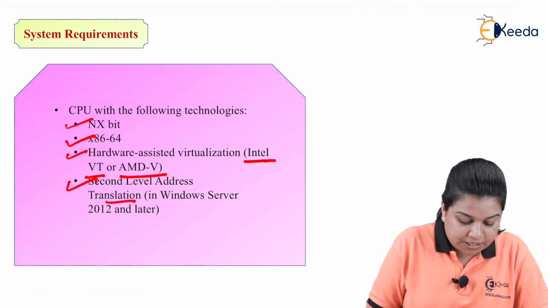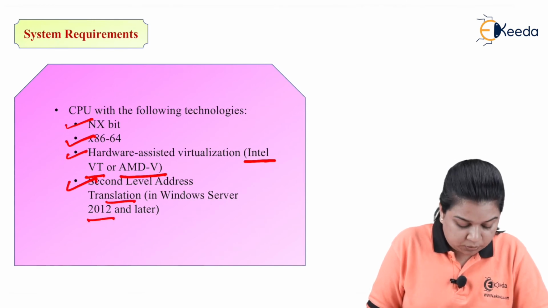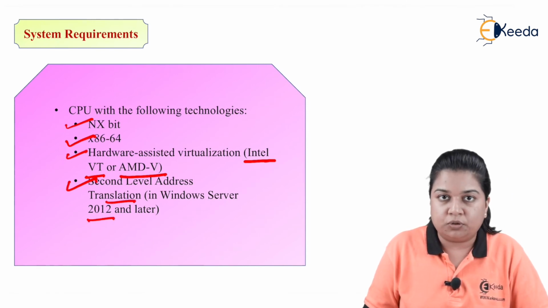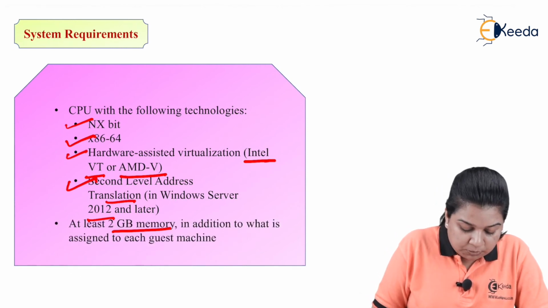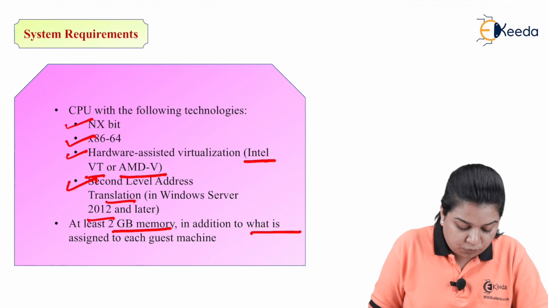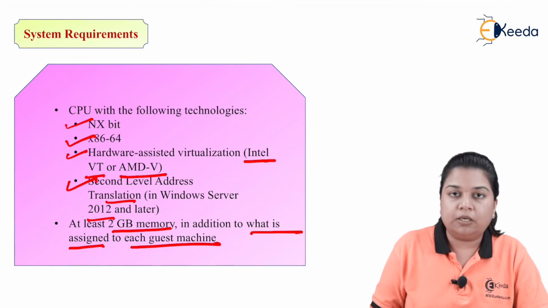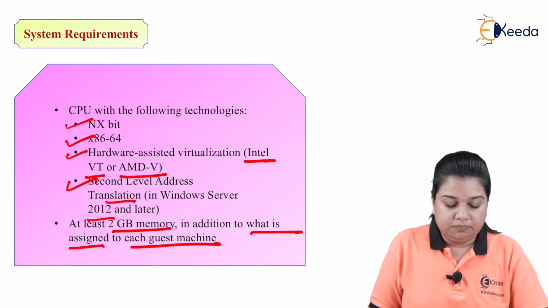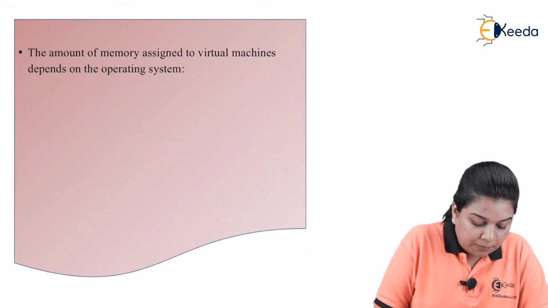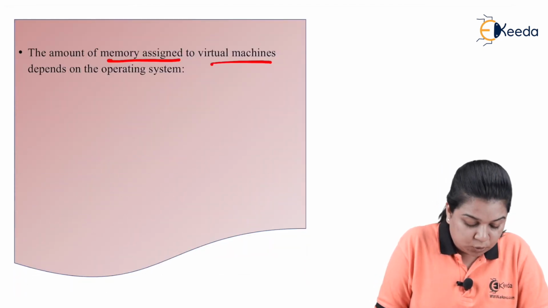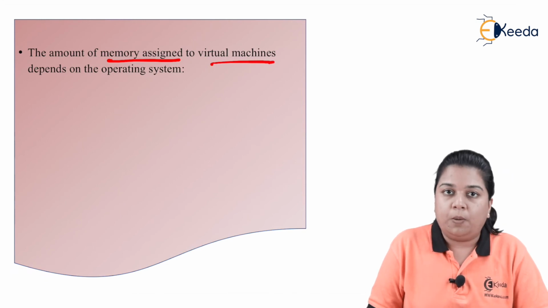Second level address translation in Windows Server 2012 and the later versions of it. At least 2 GB of memory in addition to what is assigned to each guest machine. The amount of memory assigned to the virtual machines depends on the operating system.